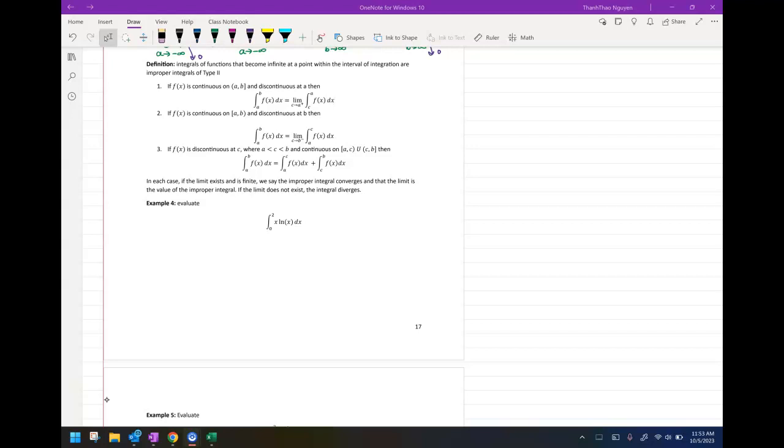So for example, if you have a function f of x, and f of x is discontinuous at one of the endpoints, say here, and let's say you have a vertical asymptote at a, and the function looks kind of like this, and you want to calculate the integral from a to b, so you want to talk about this area.